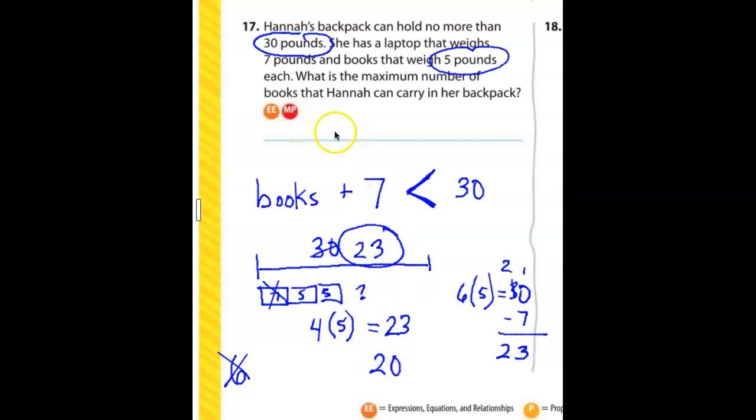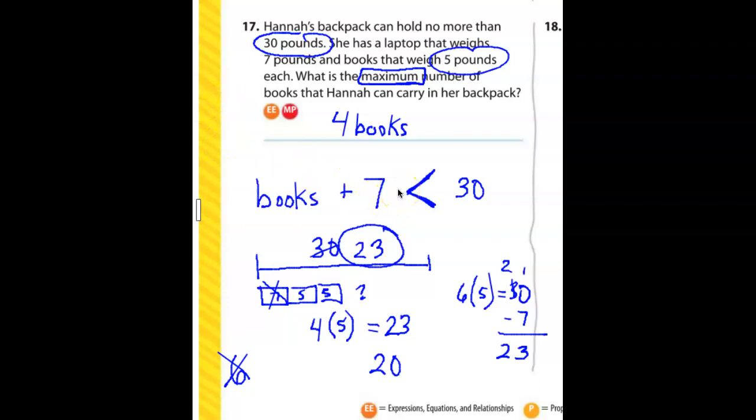So I could carry 1 book, 2 books, 3 books, but the maximum number of books, if I want to also carry my laptop, is going to be 4 books. So if I have my laptop in the backpack, then the maximum number of books I can carry is 4.